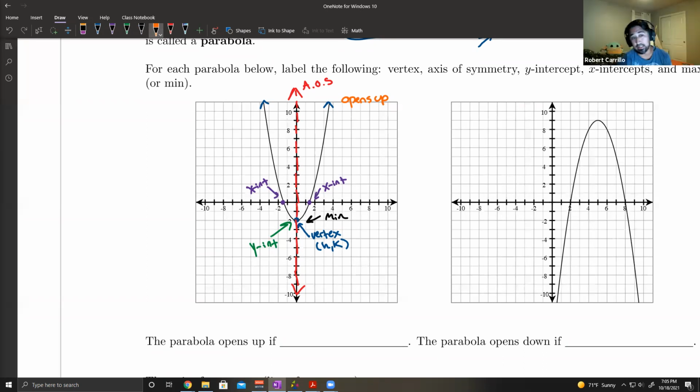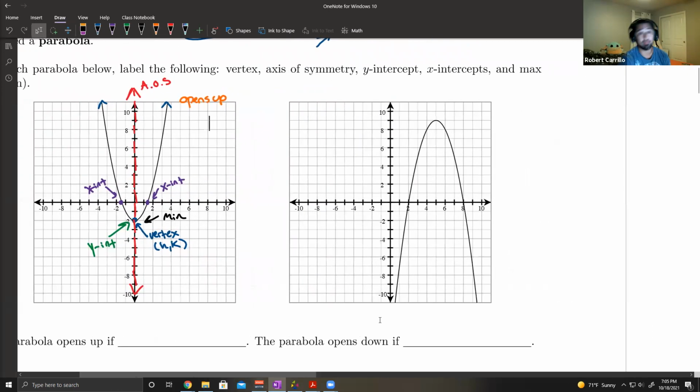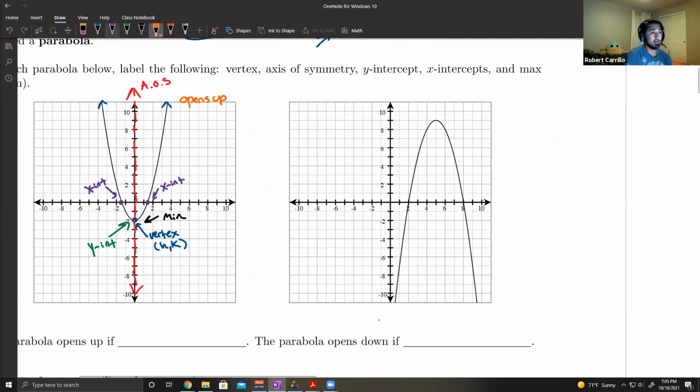And now let's label the other one. The other parabola is a parabola that opens down. Again, the main point, the middle point of your parabola, is your vertex.